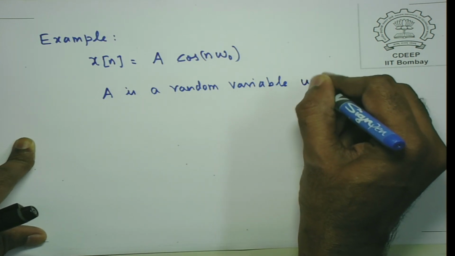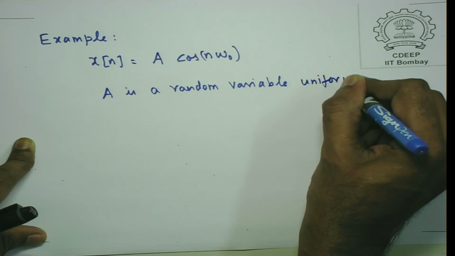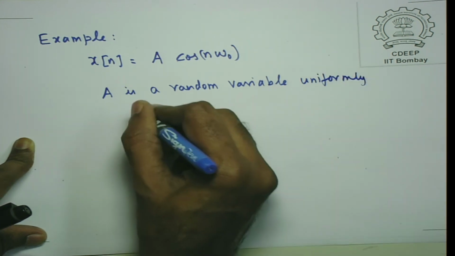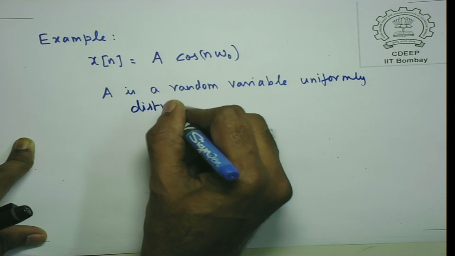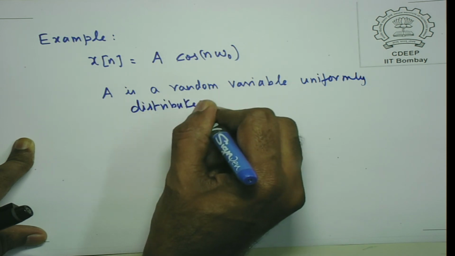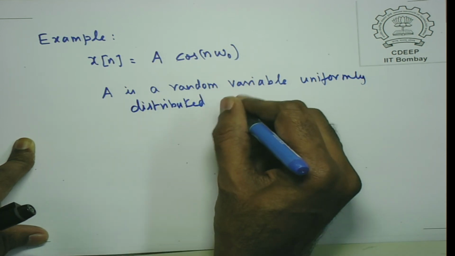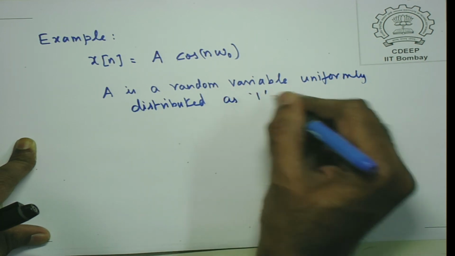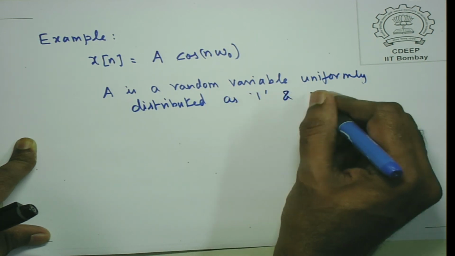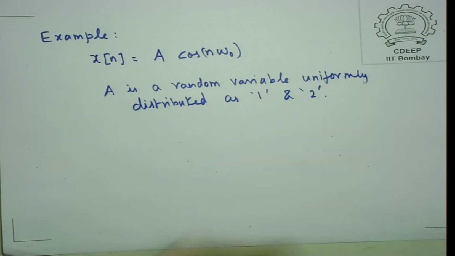It's uniform. Assume this A takes on two values, either 1 or 2, and this is the process we are interested in.